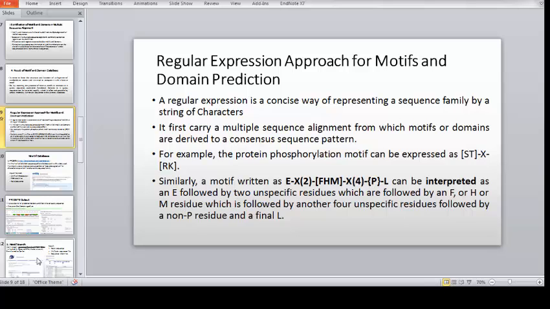There are different approaches for the prediction of motifs and domains, but one of them that is most commonly used is the regular expression approach. This is a type of approach in which the multiple sequences are aligned and a consensus sequence is drawn.